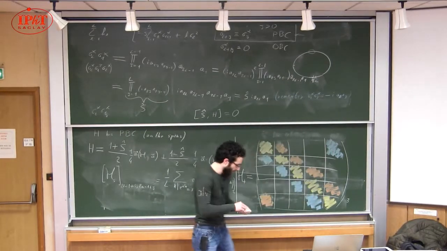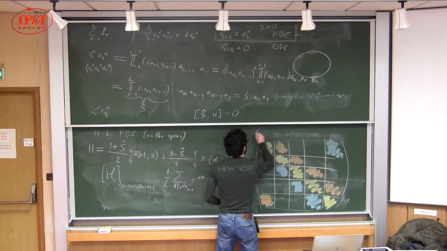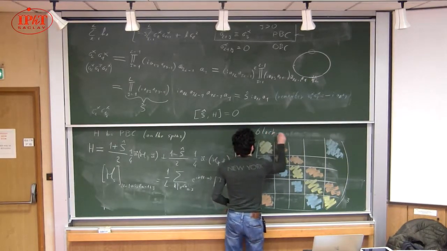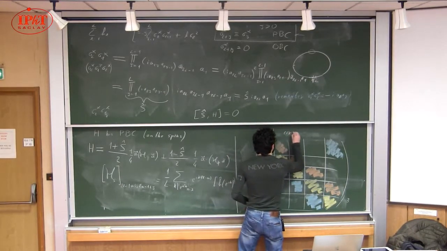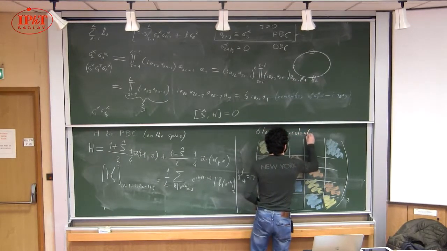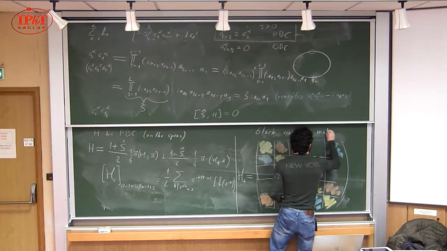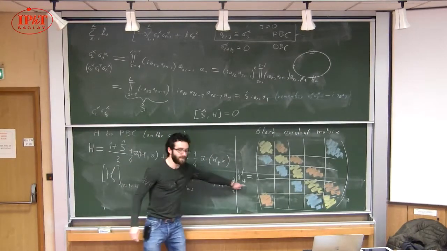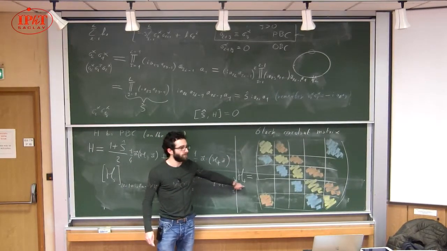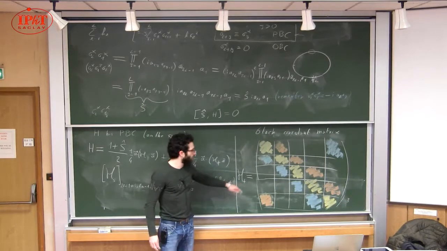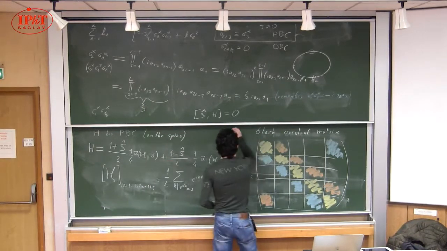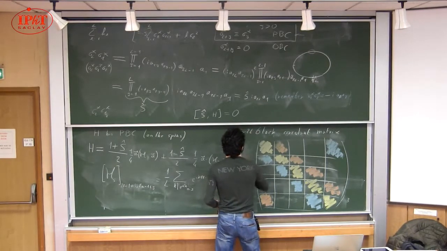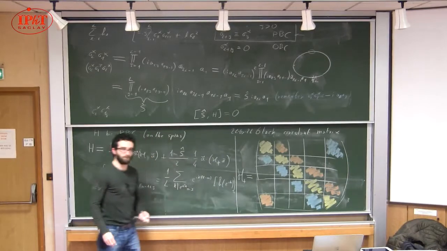So this is a block circulant matrix for H plus. The size is 2L by 2L. This is a 2L by 2L block circulant matrix.